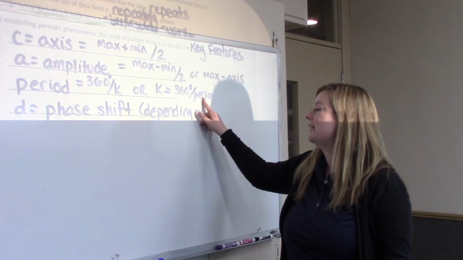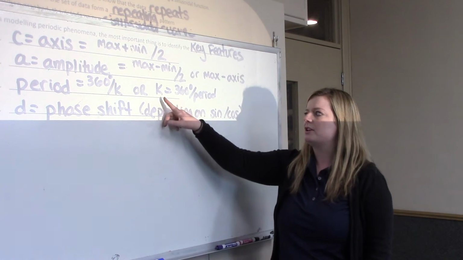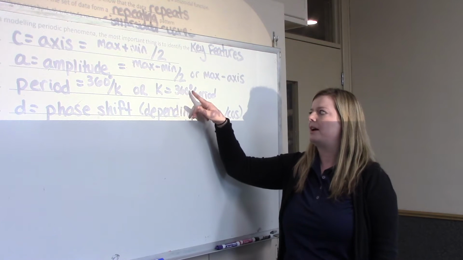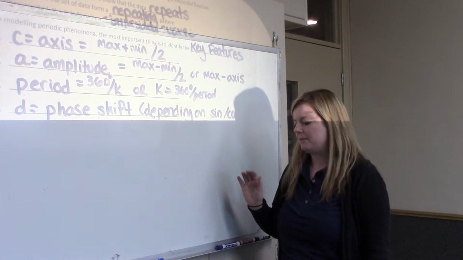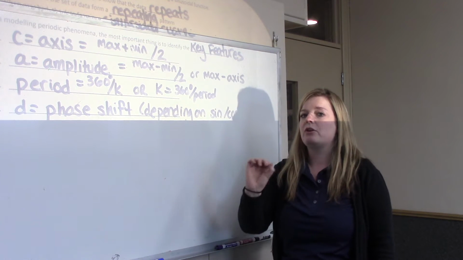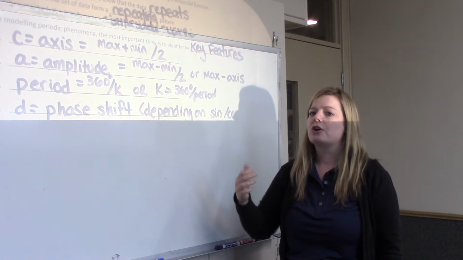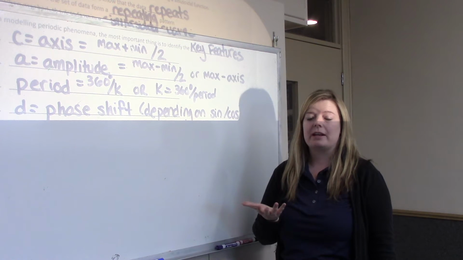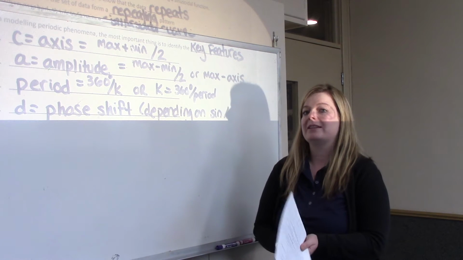If you are given the period, if you know how long it takes to complete one cycle, then you can just do 360 divided by the period to get the value of k to put into the equation. Now careful, because if you only know from a max to a min, or a min to a max, remember that that's just a half period. So you would have to double that to get the entire period.